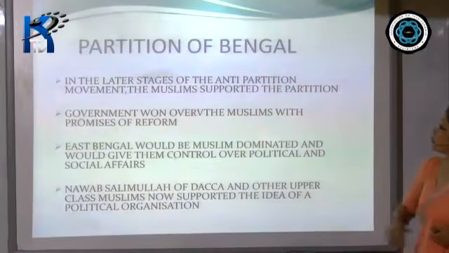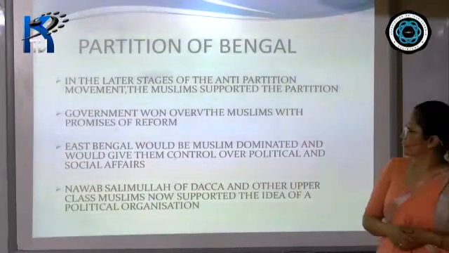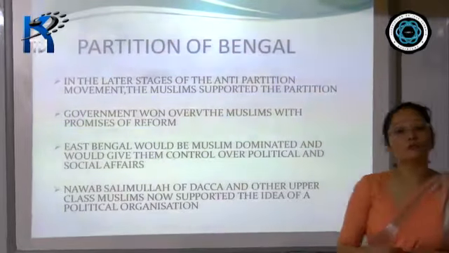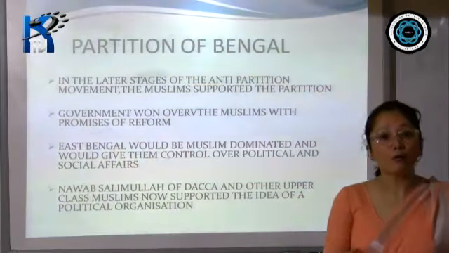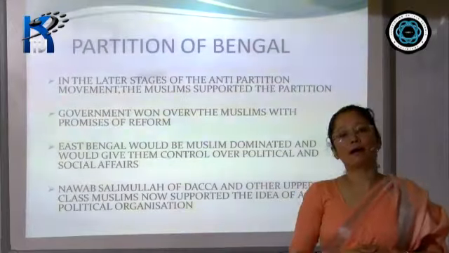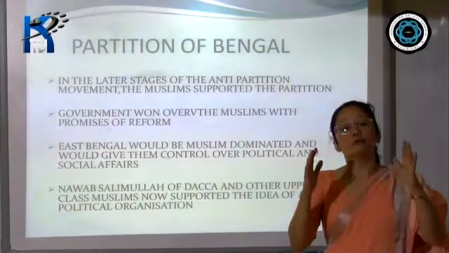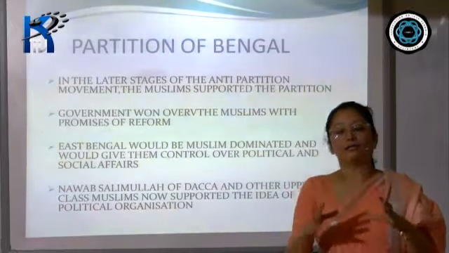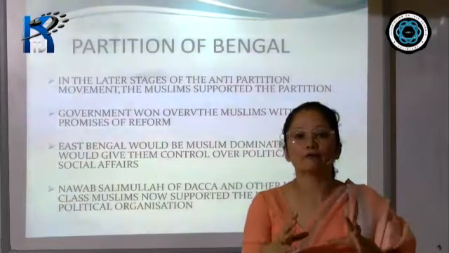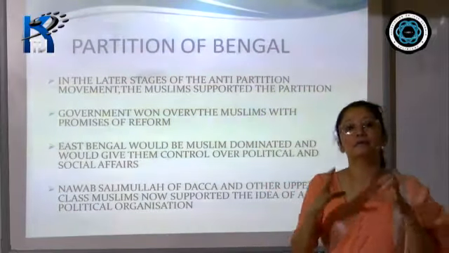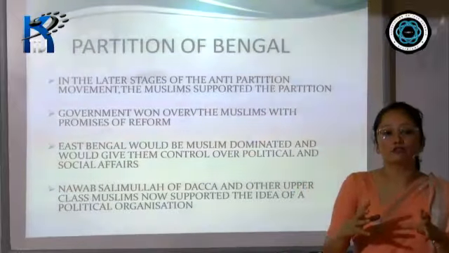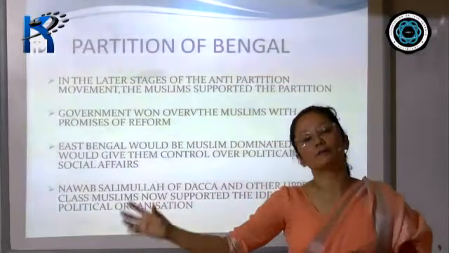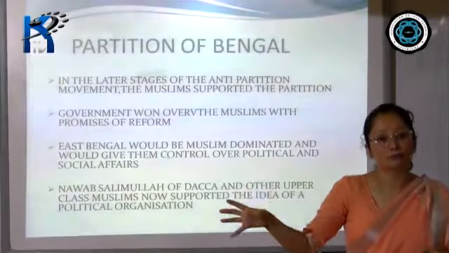In the later stages of the anti-partition movement, the Muslims supported the partition. Now, the British started poisoning the minds of the Muslims, saying, if we do not partition Bengal, then you Muslims will have to stay as a minority in Bengal. All the best jobs will go into the hands of the Bengali Hindus.